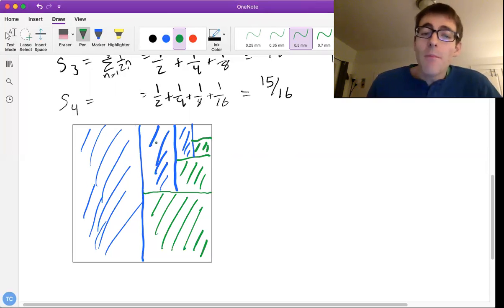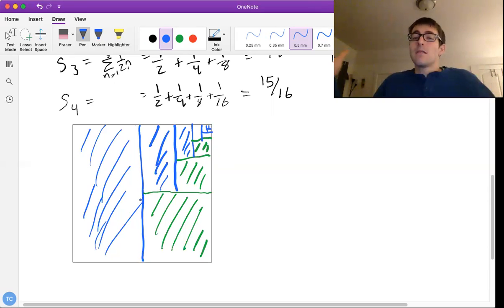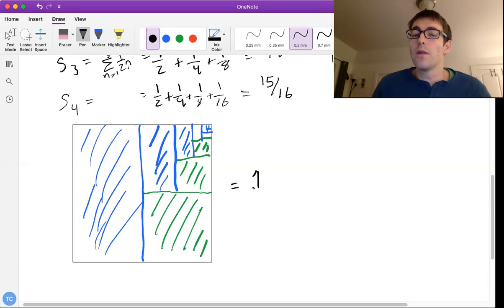If we're adding up all of the shaded regions, we can see that if we stop at any point, we might have 63/64. But if we keep going to infinity, we're going to get closer and closer to this point. In the limit, the area of the shaded region is going to end up equaling 1.